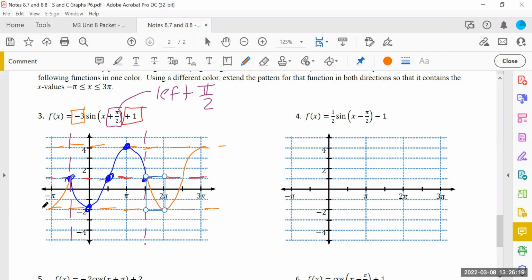Right? It was down there already. It was going up this way. It should keep going up. I see that all the time. People forget which way they're going, or they copy it down wrong. Can everybody see now that the pattern is following the way it should? Just that S curve, that sine curve back and forth. Are we good there?